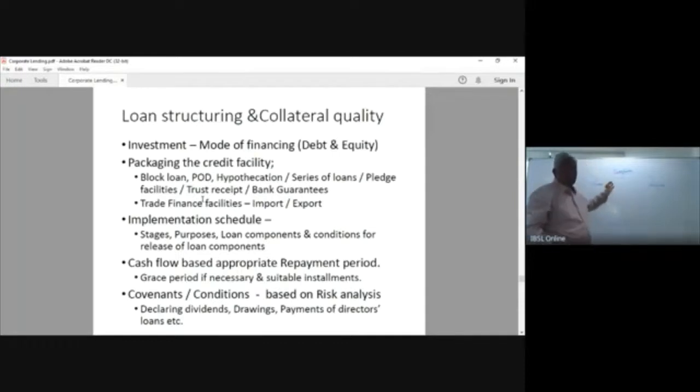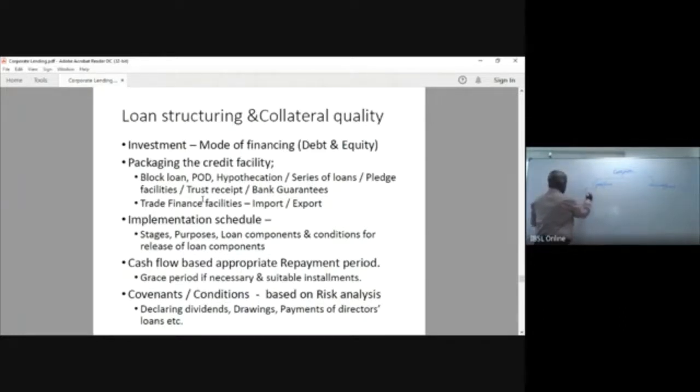I'm using the board, so you must switch on to see the board clearly. Funded means direct credit facilities, non-funded, indirect, which we have learned some time back, no?